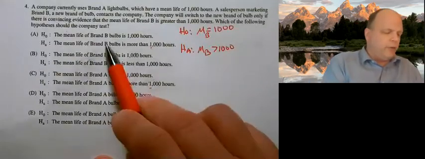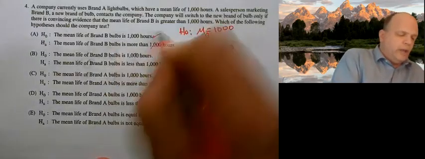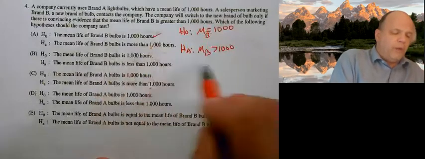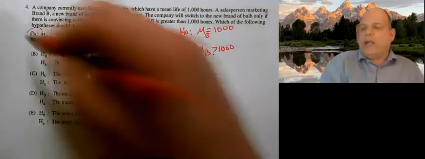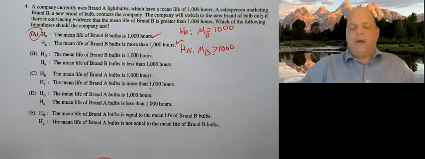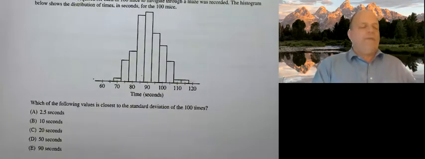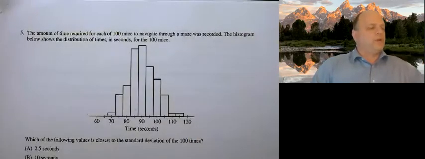When I very first looked at the first one, it says the mean life of brand B is 1,000, so equals. That looks good. The mean life of brand B is more than 1,000, so greater than 1,000. So putting in the words, it looks like 4A is going to be my best choice fairly easily on that problem. Number 5. This one's a little trickier, not particularly difficult, but a little bit trickier.